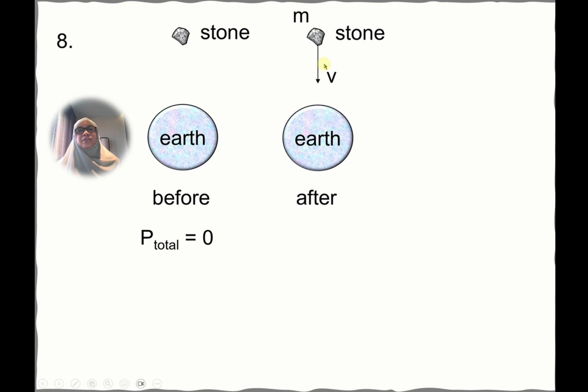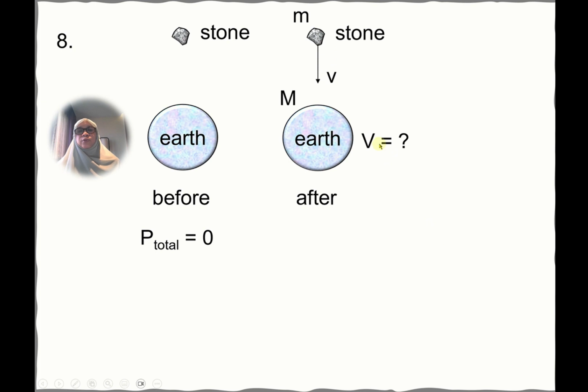After, the momentum will be mv here, and then the mass of the earth, let's say capital letter M. To see the difference between the masses of the two, we use one capital letter and one small letter. The velocity is also the same: we choose small v for the stone, and capital V to represent the velocity of the earth.